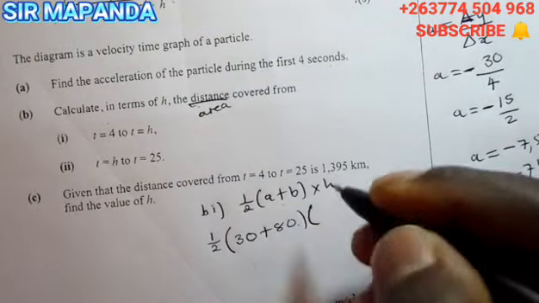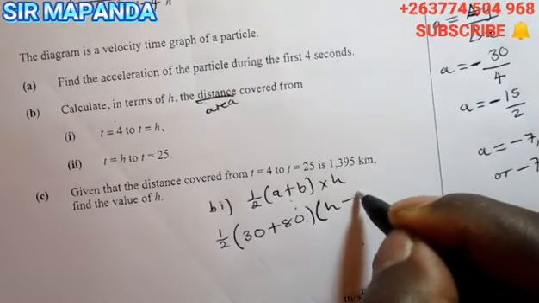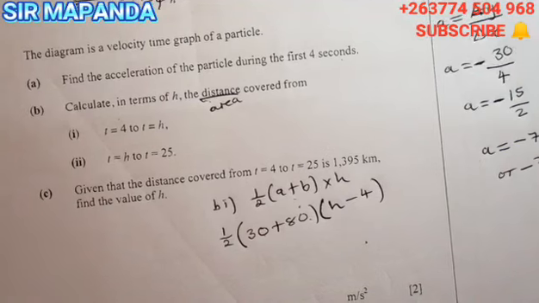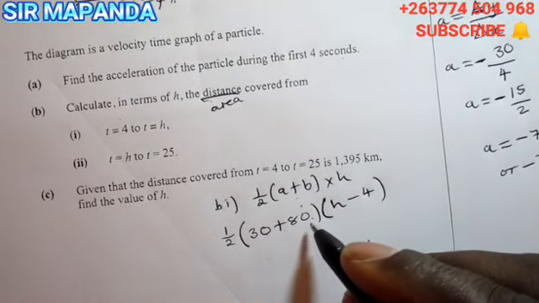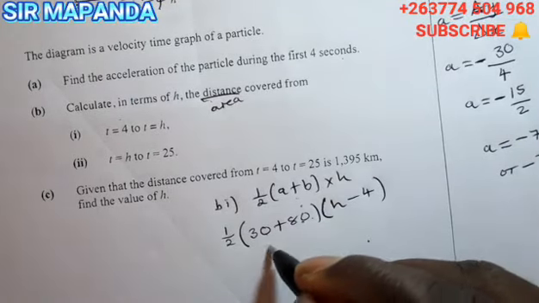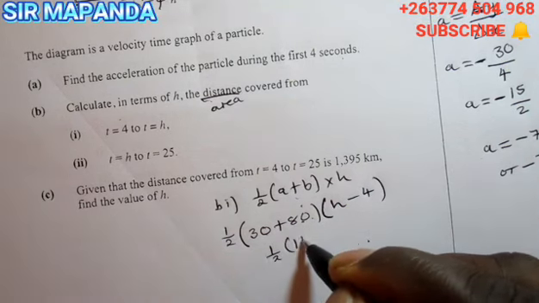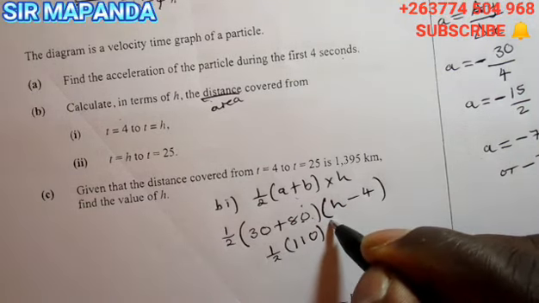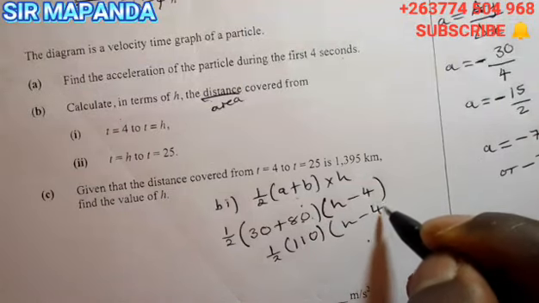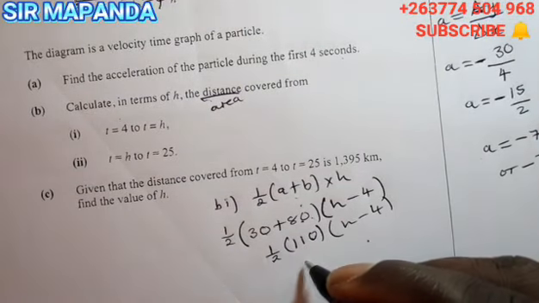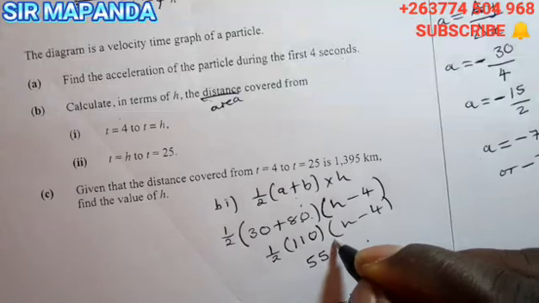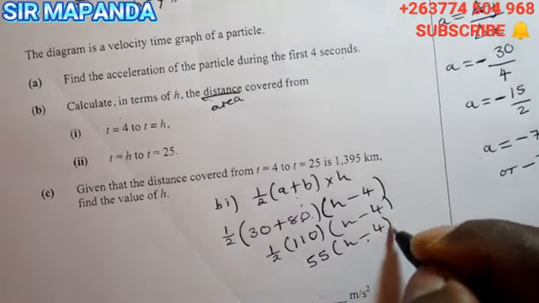Then multiply by the height, which is h minus 4. I hope you are listening. So 30 plus 80, what you get here is 110. Then you write h minus 4. 2 into 110 is 55. Then you write h minus 4.